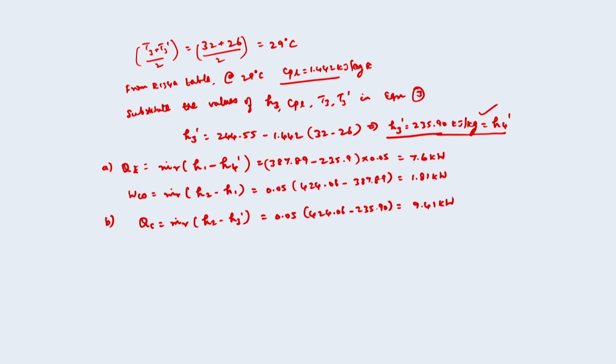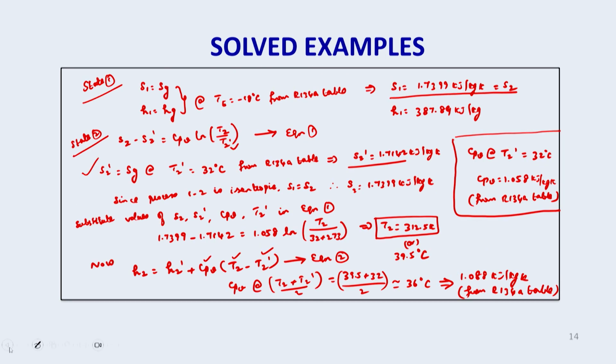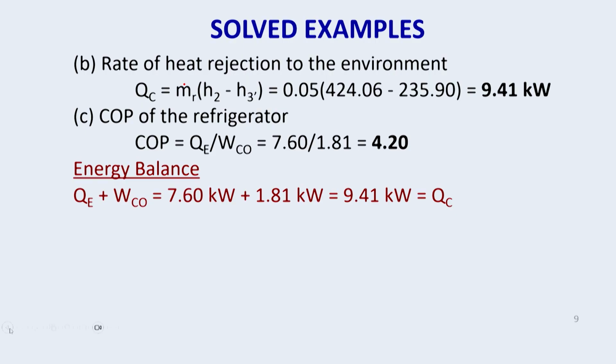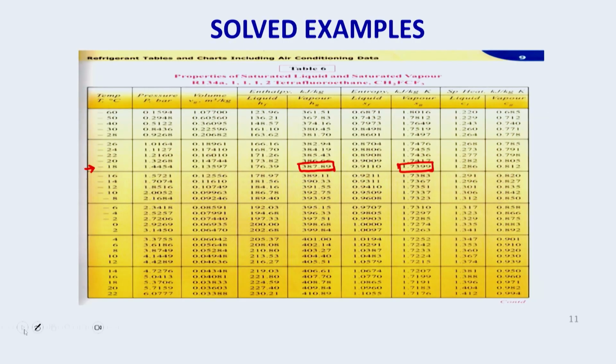And the COP of the system is the ratio of refrigerating effect to work of compression. Refrigerating effect is 7.6, work of compression is 1.81. You will get around 4.2. Let us check. COP of the system is 4.2. Let us do the energy balance.